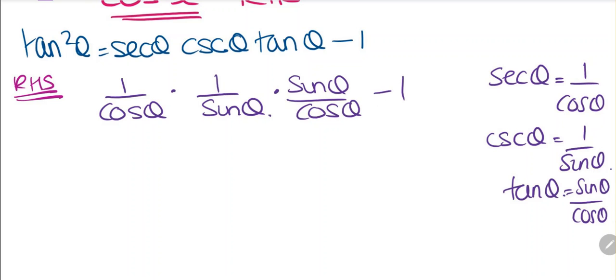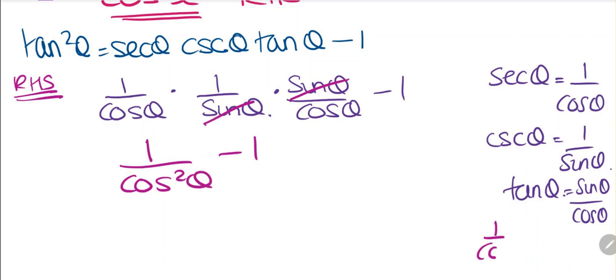So if we look at our sines, these will divide, so there's going to be 1, so they are cancelled. So on the top, 1 times 1 is 1, and cosine multiplied by cosine, so that's cosine squared theta, minus 1.